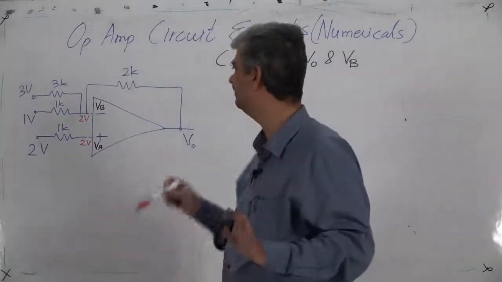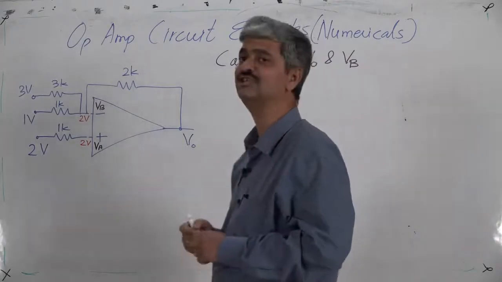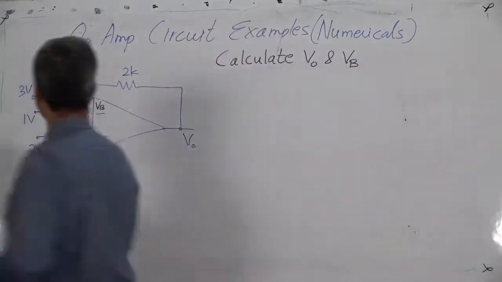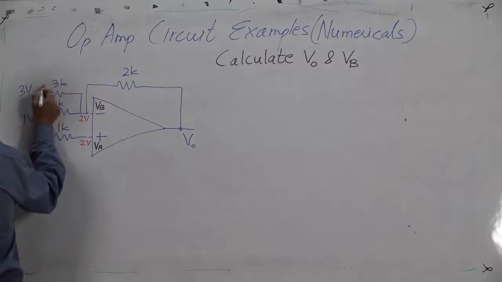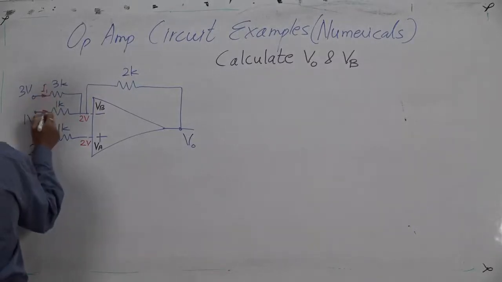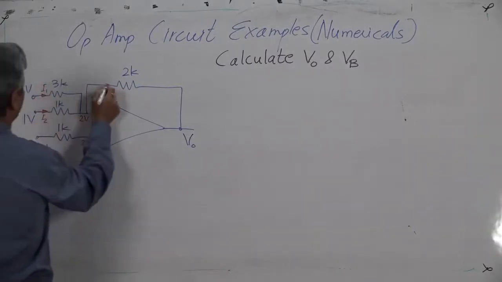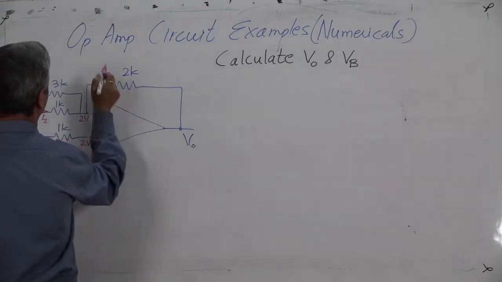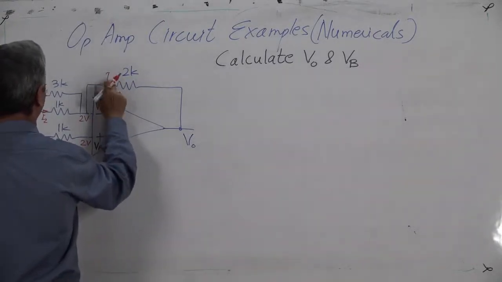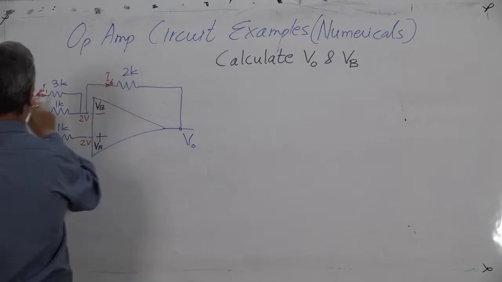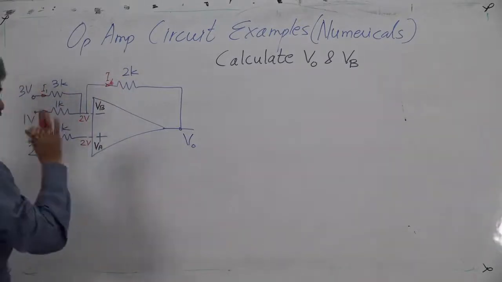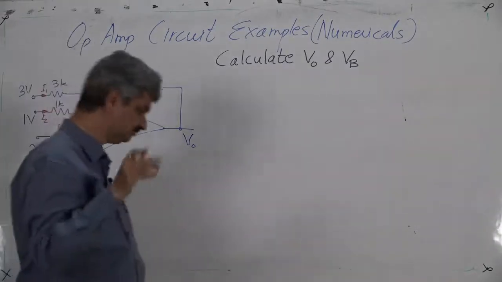Now calculate VO. Apply Kirchhoff's law at the inverting terminal. This is one current I1, this is another current I2, this is another current I3, or IF you can say. Just write IF is equal to I1 plus I2. Directions you can assume anything, there is no problem.